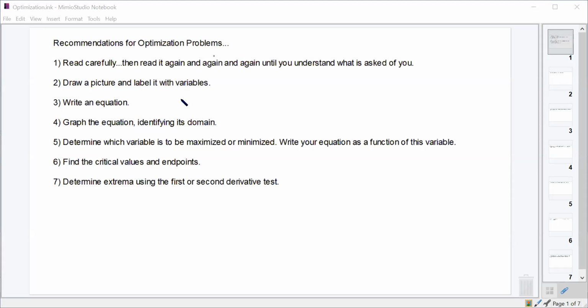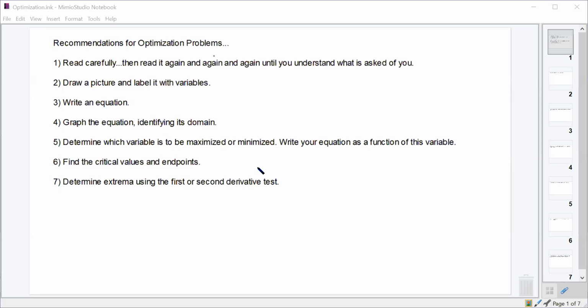I always like to start out by reminding you of the things that you need to do for optimization problems when we're looking for a max or a min of something. So make sure you read the question until you understand what's going on. Usually drawing a picture is going to help you out. On occasion, that might not be necessary. You're going to have to write your own equations. And number 4, where you graph and figure out the domain, you don't necessarily need to graph it if you don't want to.